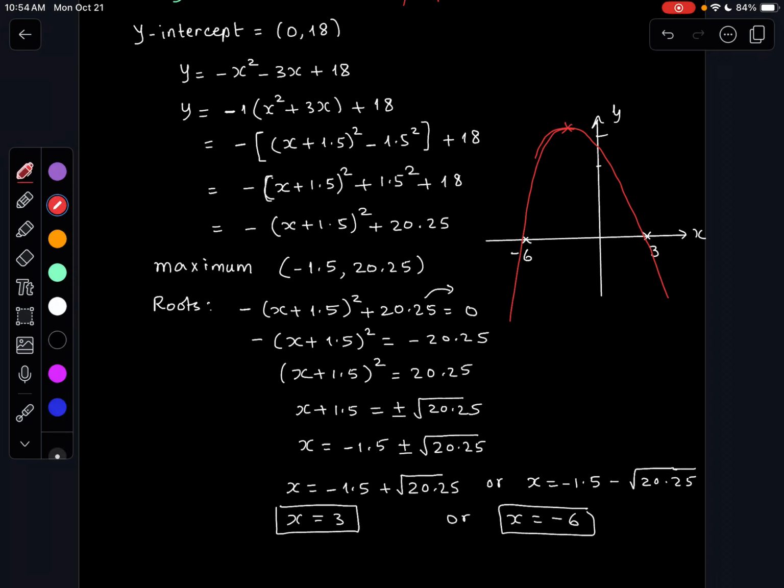It's okay. Minus 1.5 comma 20.25. If I've indicated it here, it's okay. And this is (0, 18), the y-intercept, and I already indicated the x-intercepts.